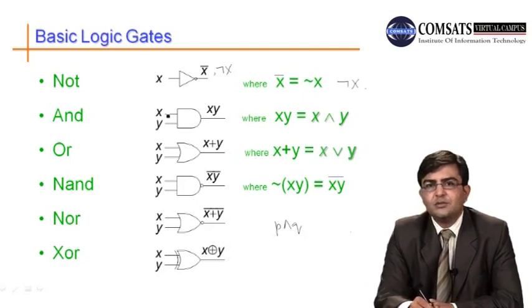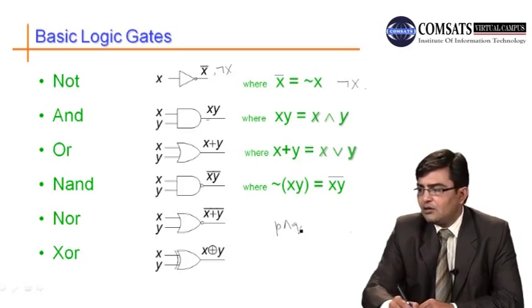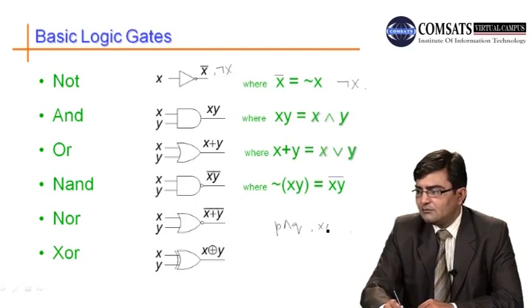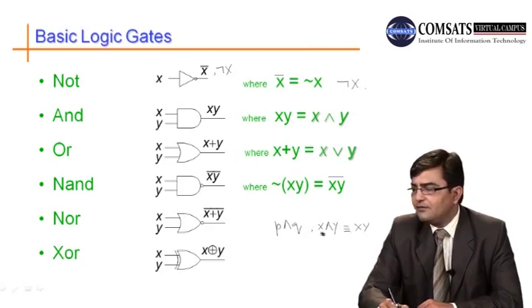It has two inputs, x and y, or you can say P and Q. Its output is xy. We can write xy, or we can write x and y. This is basically the abbreviated form of x and y.